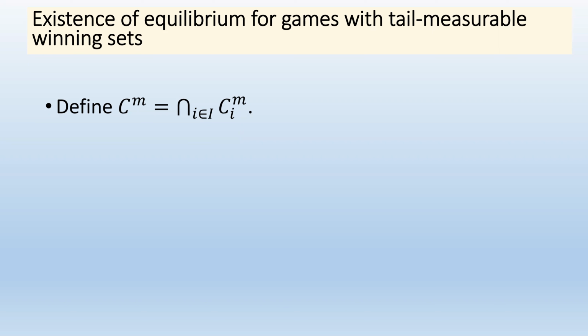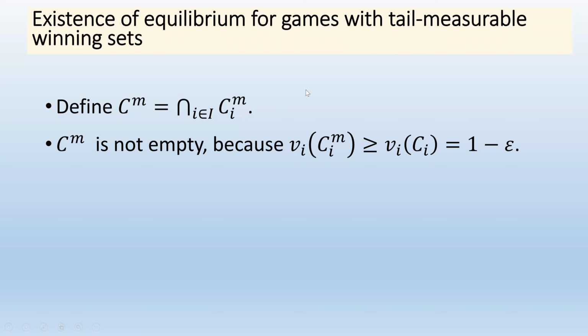And moreover, we know that in equilibrium, each player gets at least her minmax value. We're going to use this. So each player gets at least VI of CIM in the finite game that has an equilibrium.